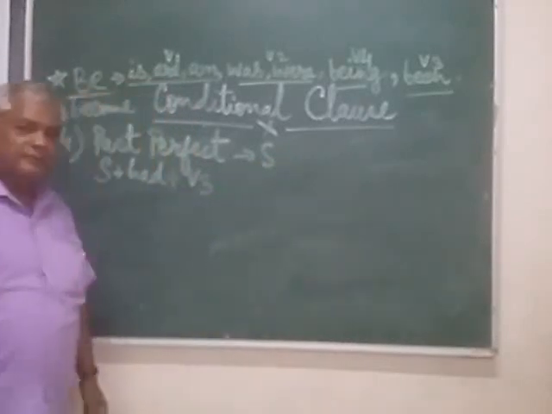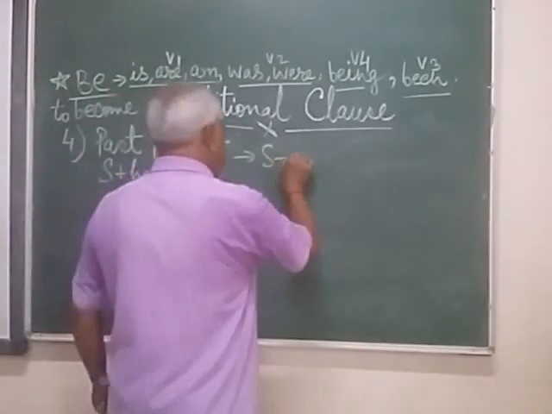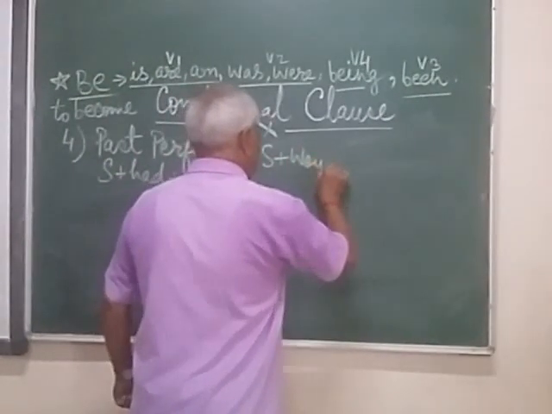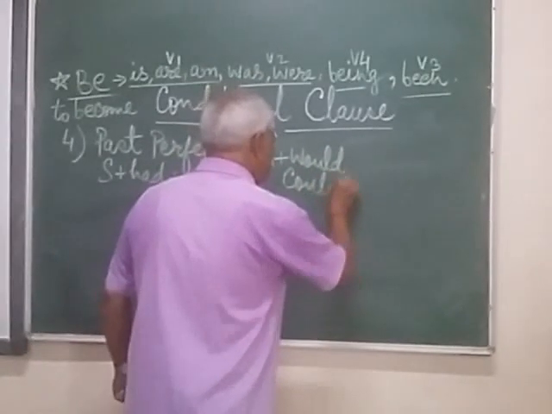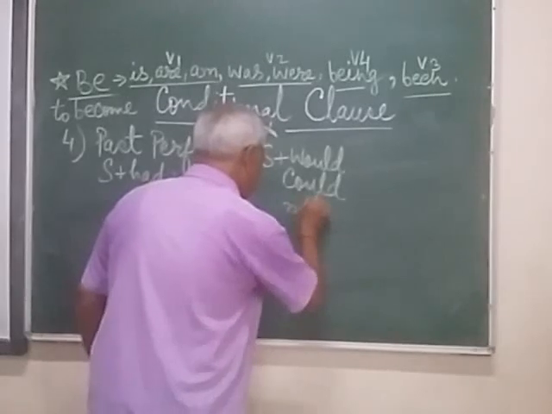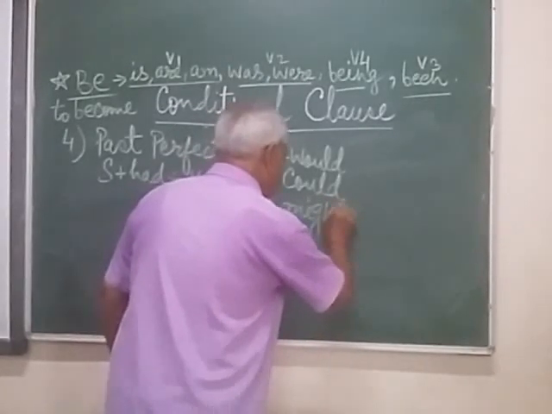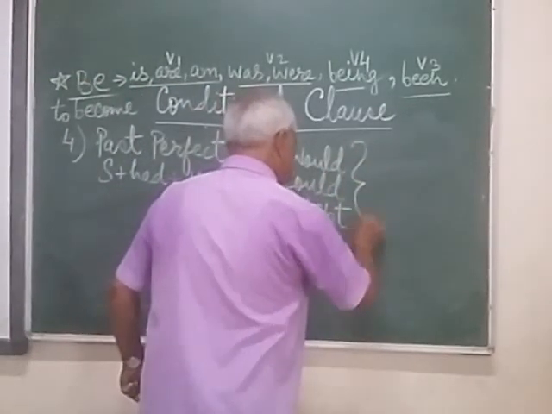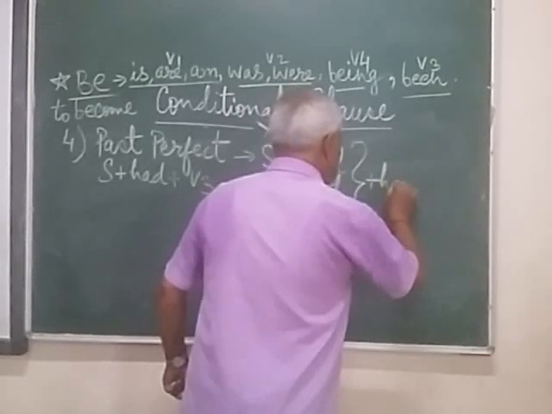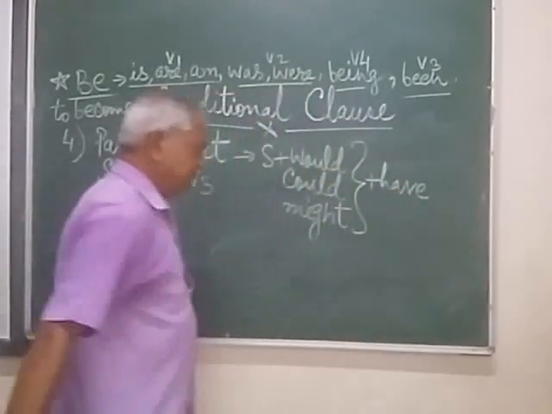First subject, then after would, could, might. So any of the models that you can use. Then after have.